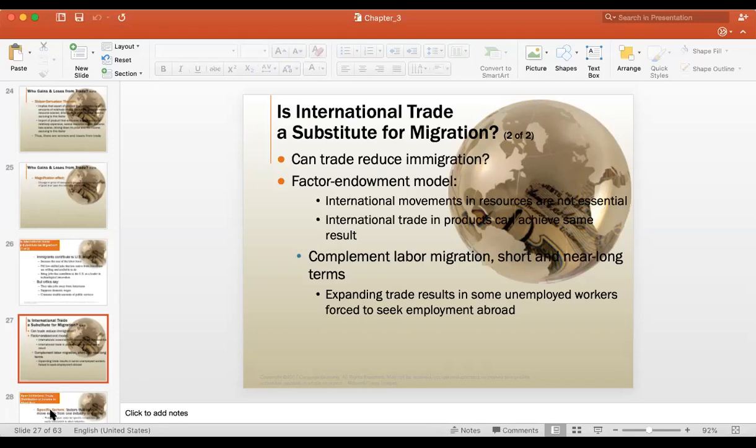So instead of labor or workers physically migrating from Mexico to the US, what we have is goods that embody a lot of labor in them moving from Mexico to the US.